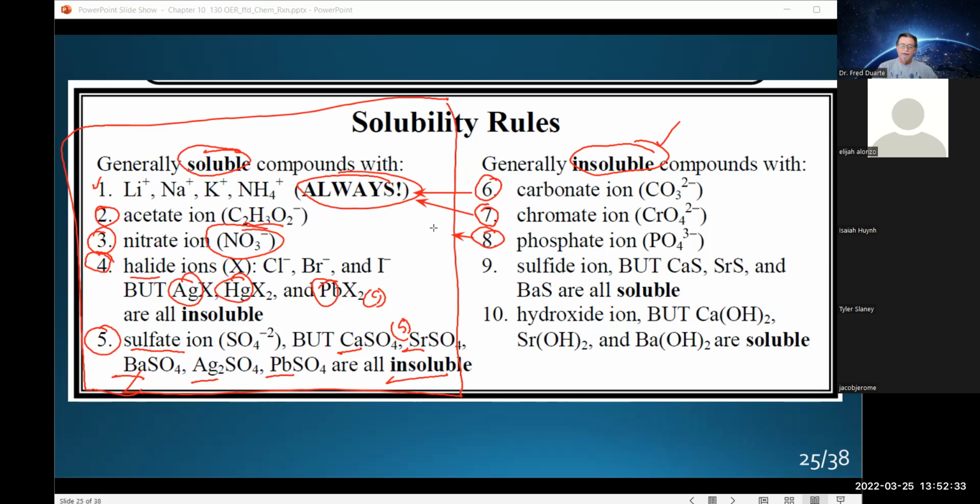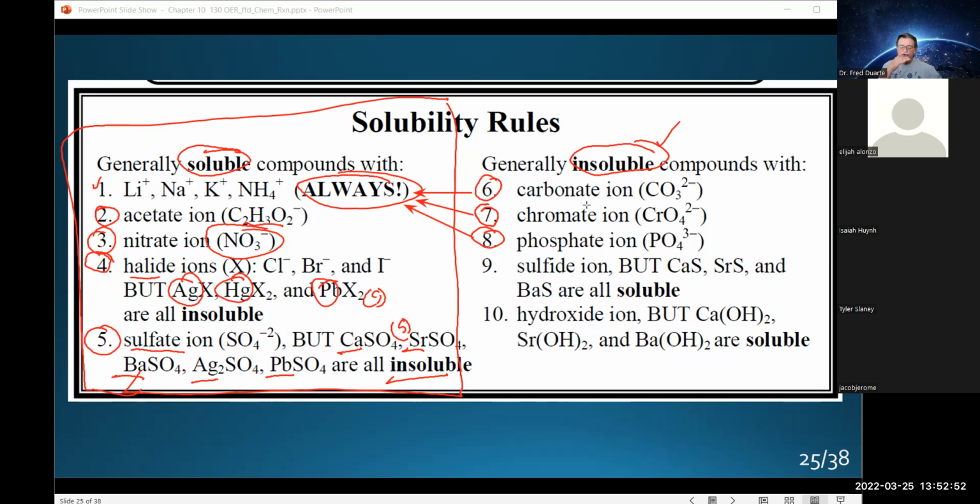And so for the carbonate ion, there are only 4 examples of it being soluble: lithium, sodium, potassium, and ammonium carbonate. Okay, and the same is true for the chromate and the phosphate.